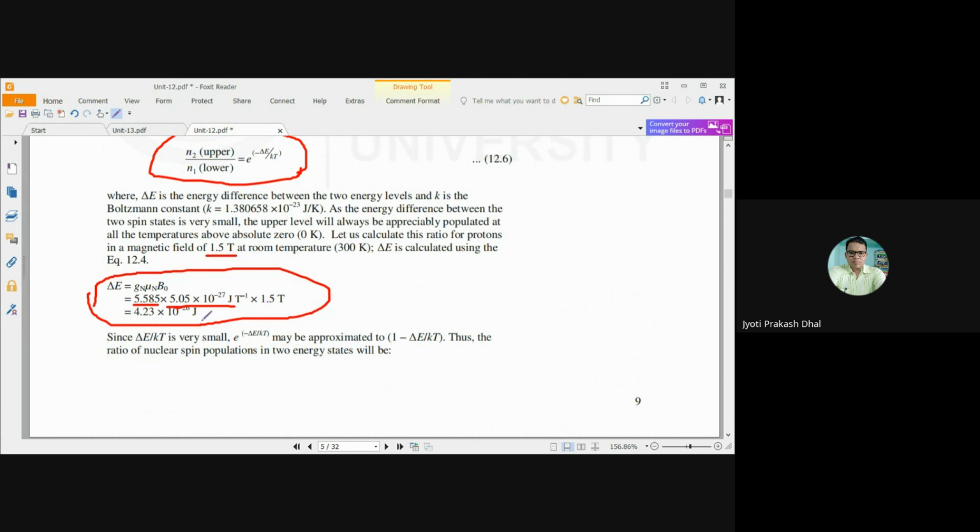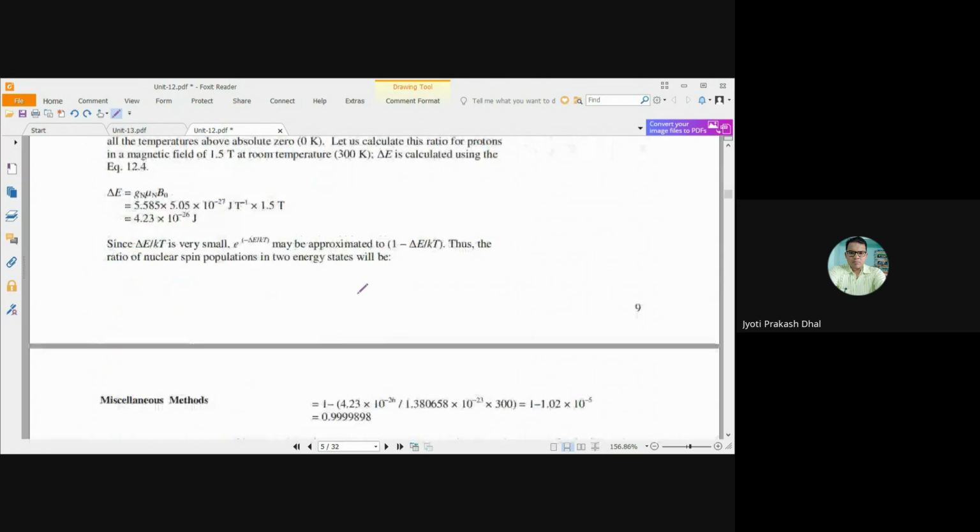Putting all these values, we can calculate the delta E value equals 4.23 into 10 to the power minus 26 joule. Since delta E by kT is very small, e to the power minus delta E by kT may be approximately equal to 1 minus delta E by kT.